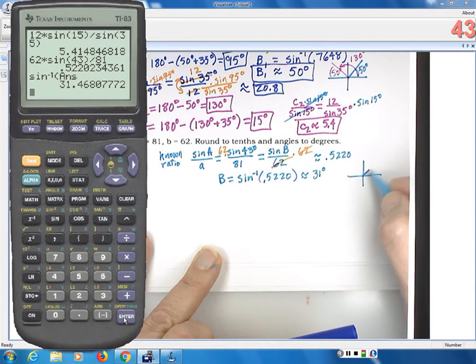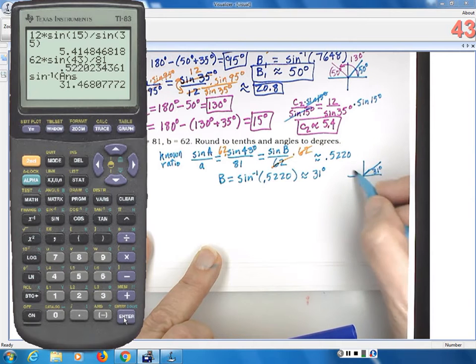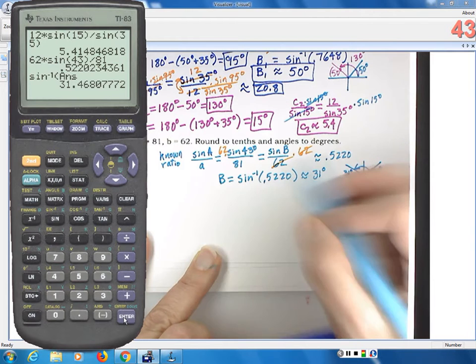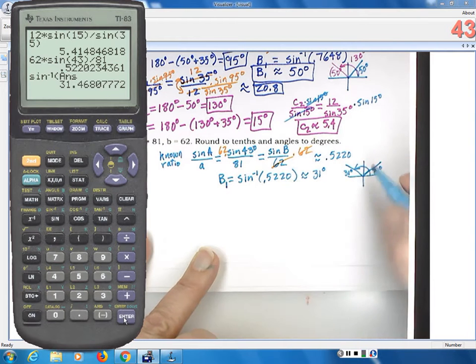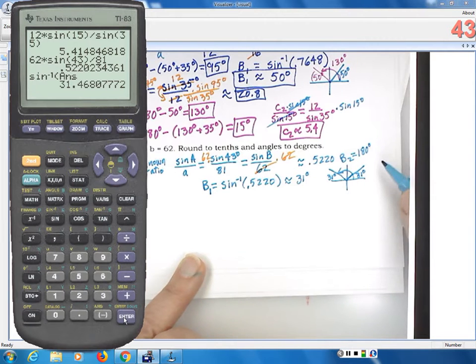We have 31. This is 31, so this is 180. So this would be B1. B2, if it exists, would be 180 minus 31, which is 149 degrees.